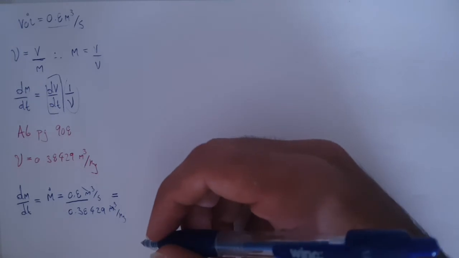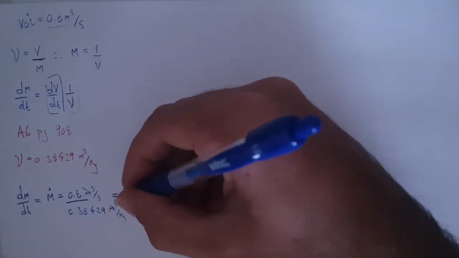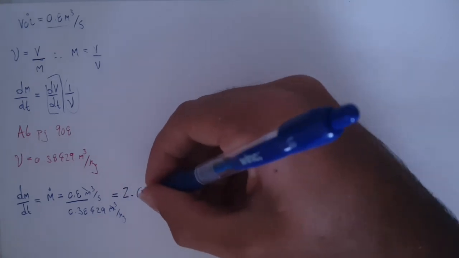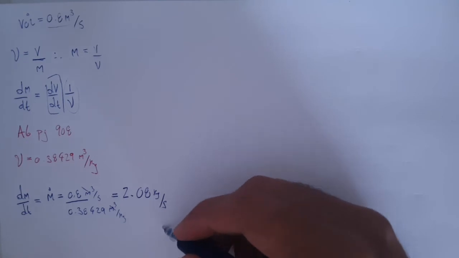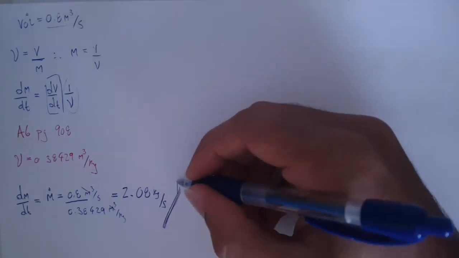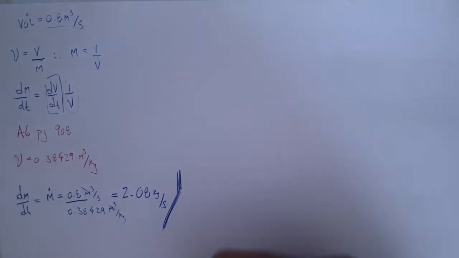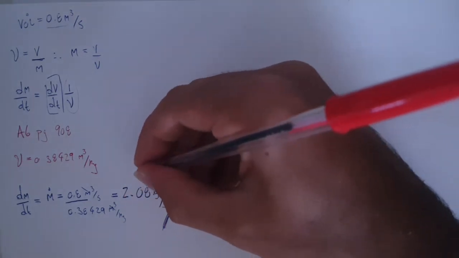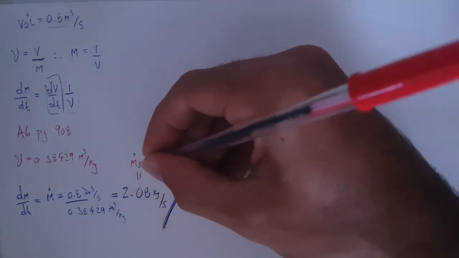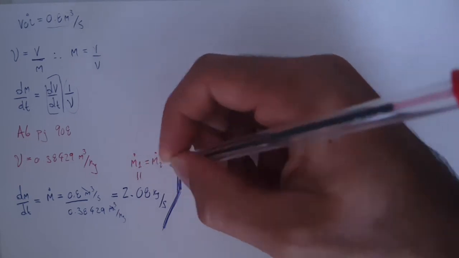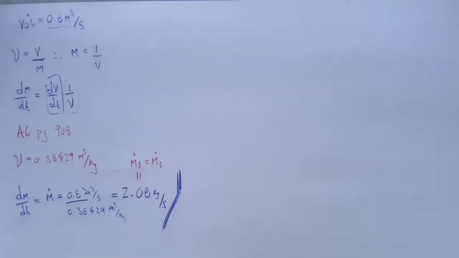So I got 2.08 kilograms per second. We killed one of the things that we needed to find. And don't forget that this is both mass flow rate 1 and mass flow rate 2, because of the mass conservation principle.